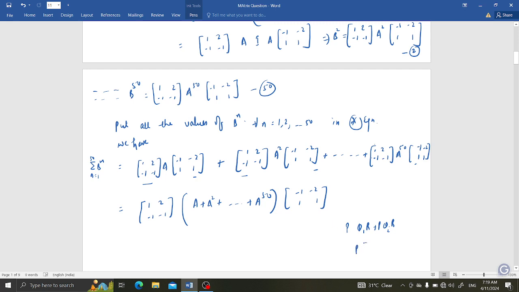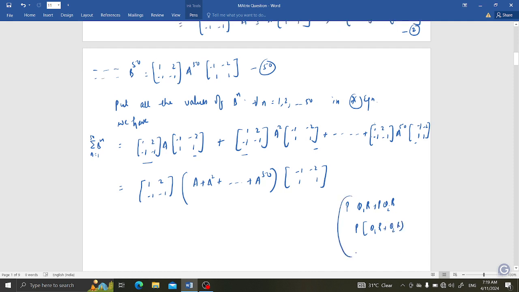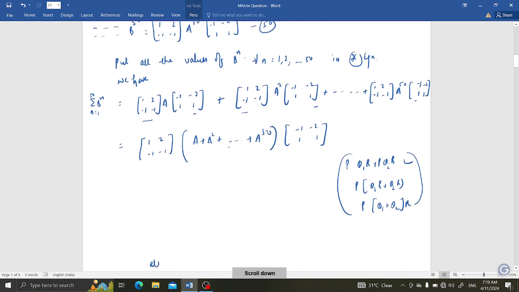So P you can take common, Q1 R plus Q2 R. Now what you can do here, R you can take common, or what we have inside, Q1 plus Q2 into R. By distributive law we will get here.